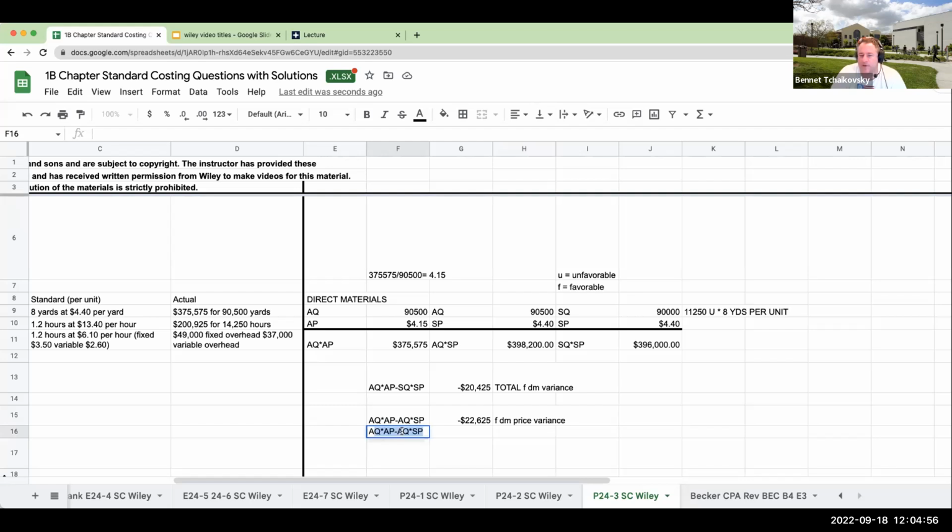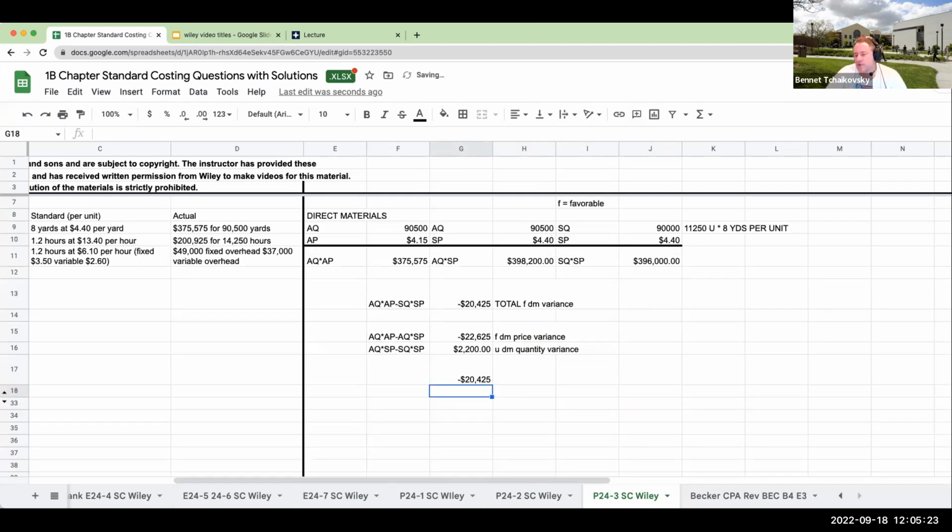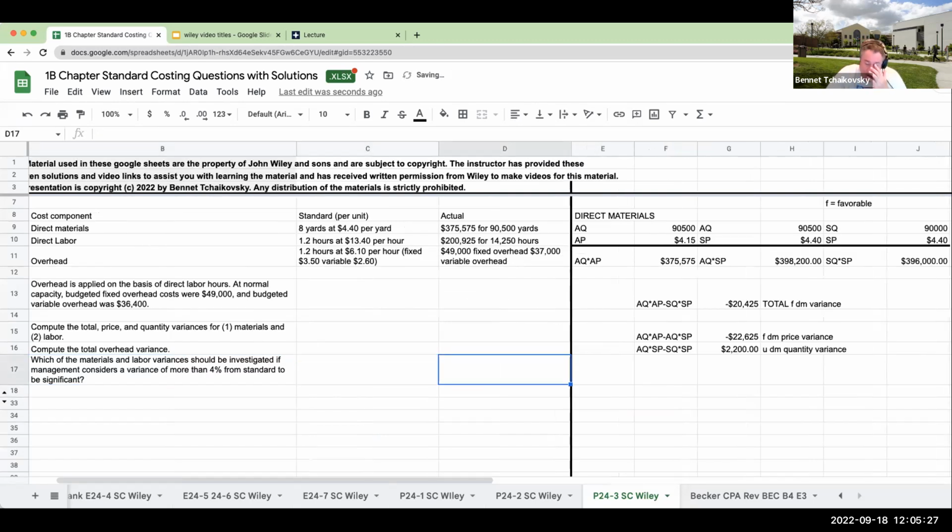Below here, I'm going to compare the middle value, AQ times SP, to my standard, SQ times SP. Here my standard price is left constant, so I'm now focused on the quantity. This is 398,200 minus 396,000, 2,200. This is going to be an unfavorable direct materials quantity variance, because I used a little bit more than I should have. And that's how I get to my total variance. I have to add these two up. If I don't, it's not good.